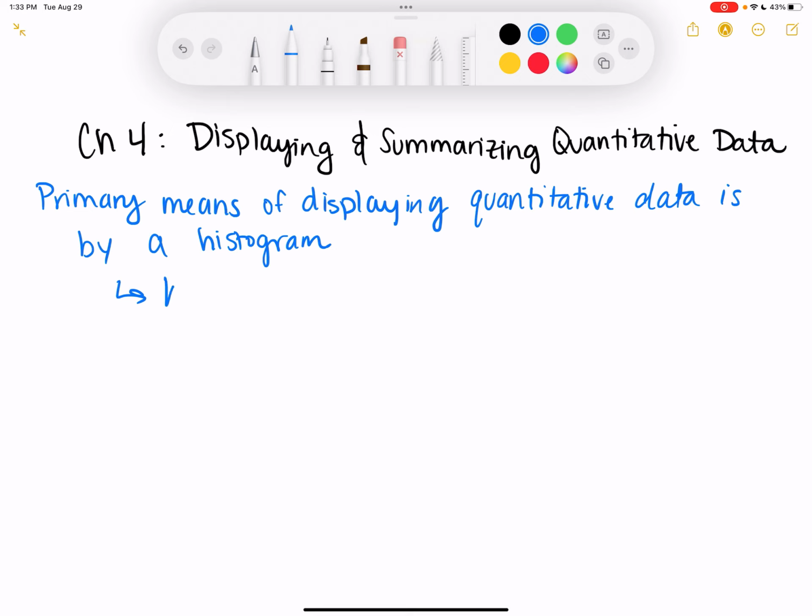Something to note is that histograms look like bar charts, but they are quite different.